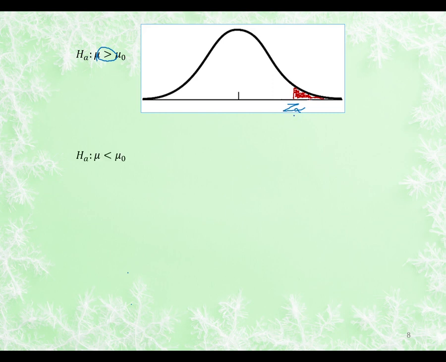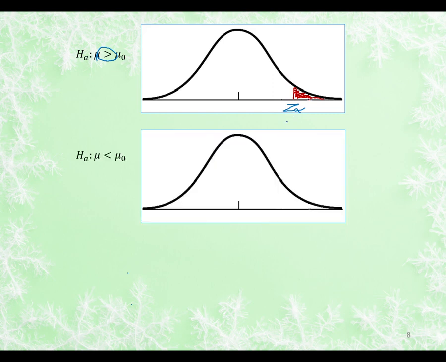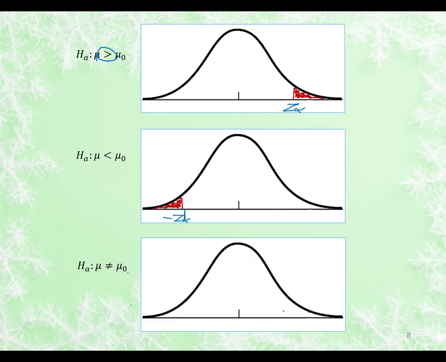Now, if we did a left-sided test, again, we can draw our graph, and because it's a left-sided test, because this says less than in the alternative, this will be minus Z alpha. And if we do a two-sided test, we end up with two rejection regions.